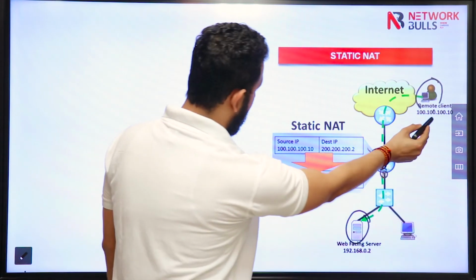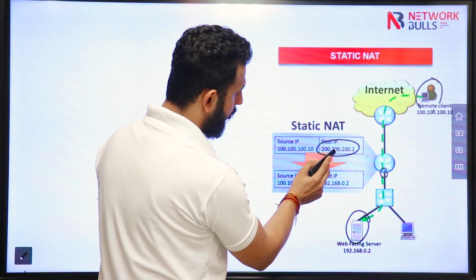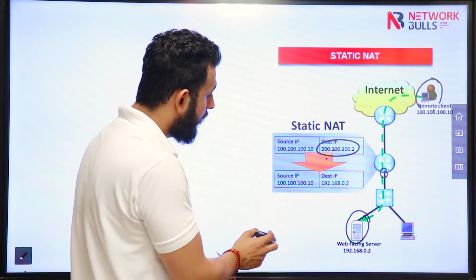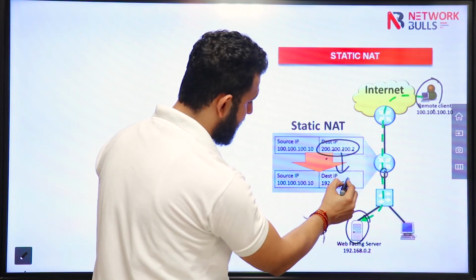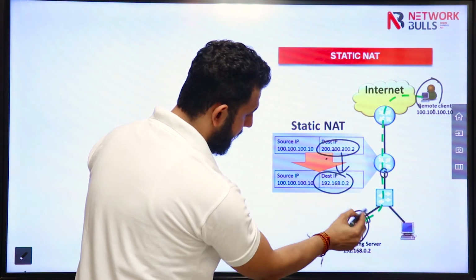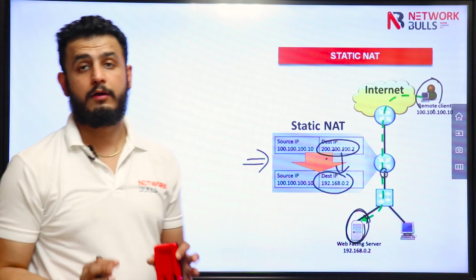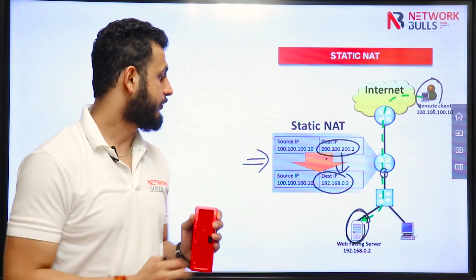So this user is sending a packet to the public IP 200.200.200.2, and you can see this particular destination IP is translated into the server's IP, because we have this entry in the translation table. Only because of that are we able to make the translation.